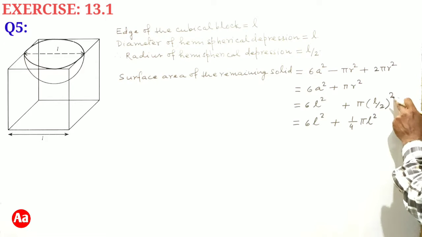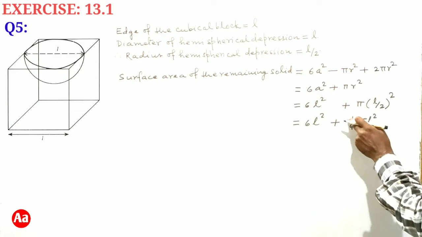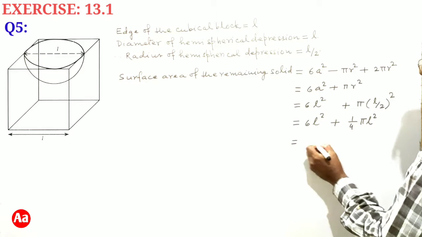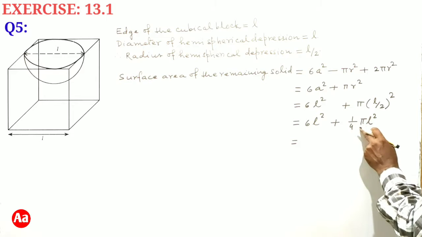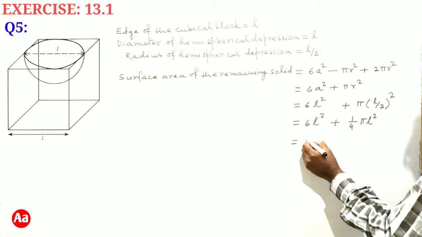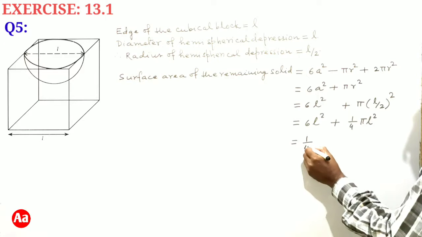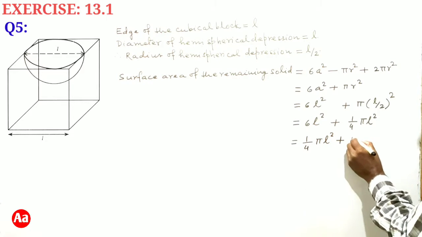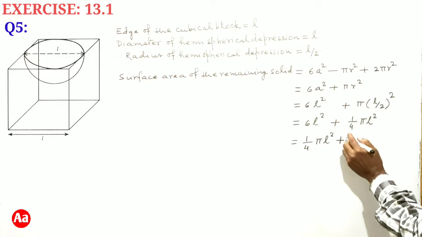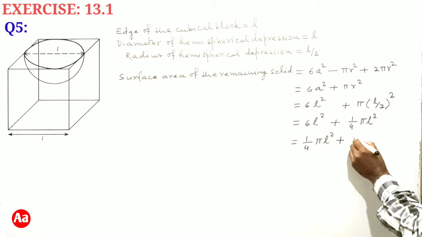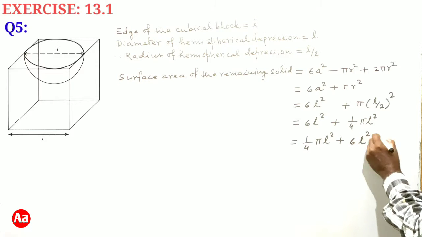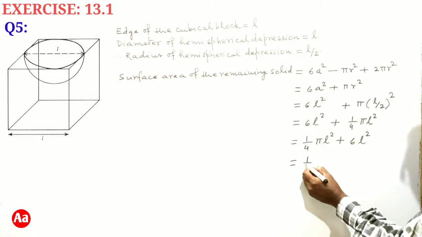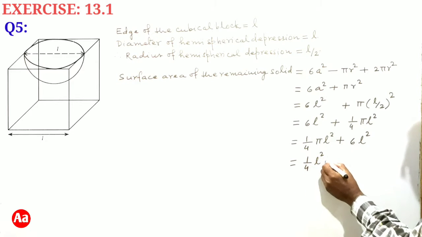L by 2 whole square is L square by 4, into pi, written in this form as 1 by 4 pi L square. If 1 by 4 L square is taken common, let us write once again in this order: 1 by 4 pi L square plus 6 L square, and now we can take 1 by 4 L square common.